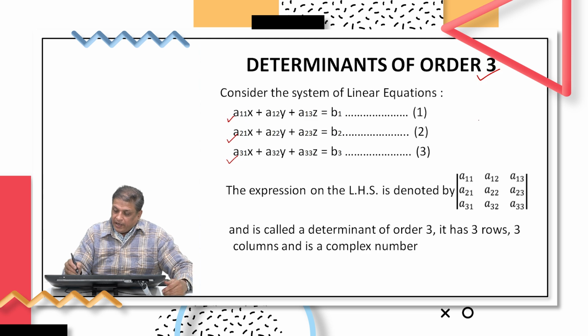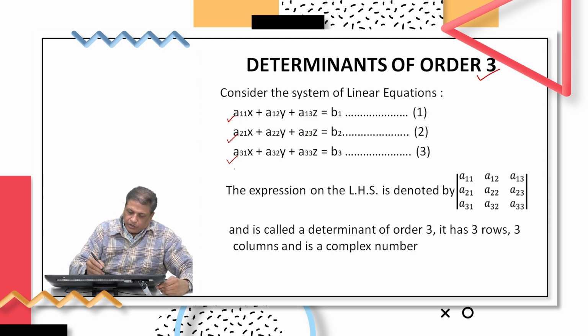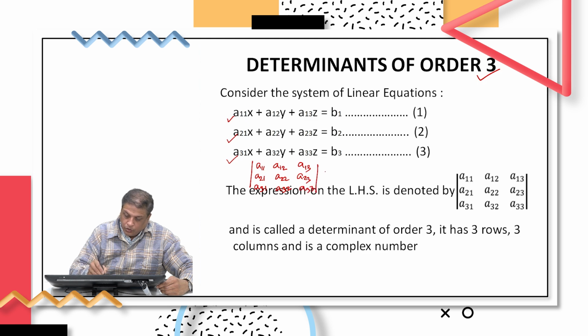Now again applying the same understanding, if I resolve this system of equations, then we can write the matrix A11, A21, A31; A12, A22, A32; A13, A23, A33 into X, Y, Z is equal to B1, B2, B3.